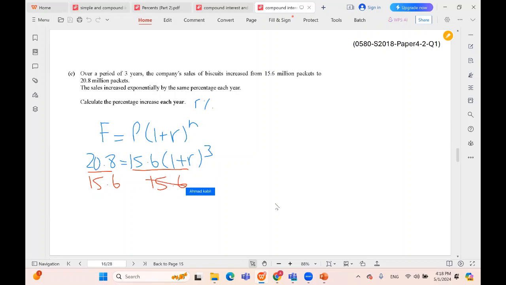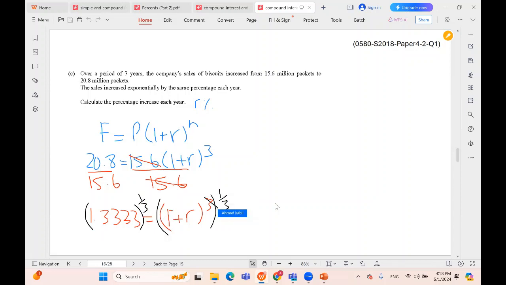These will cancel out. 20.8 divided by 15.6 gives us 1.333. So 1.3333 equals 1 plus r to the power of 3. Raise both sides to the power of 1 over 3. These will cancel out.